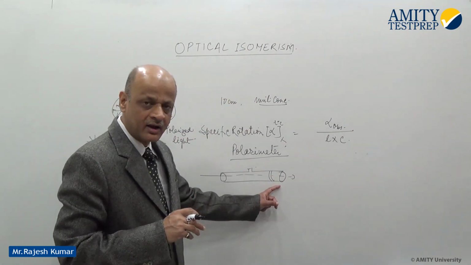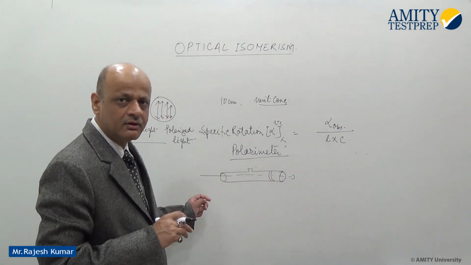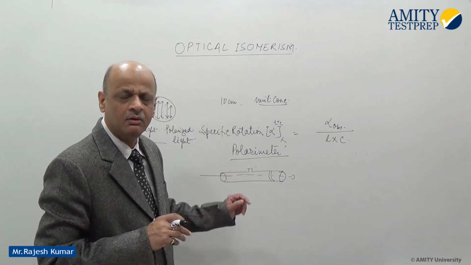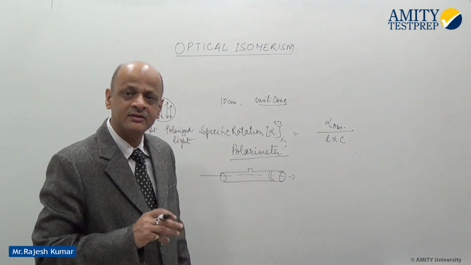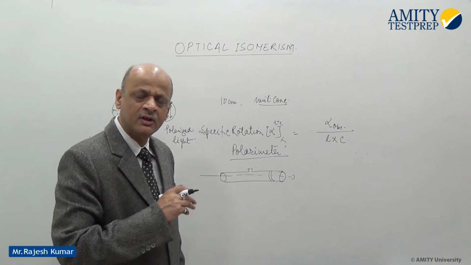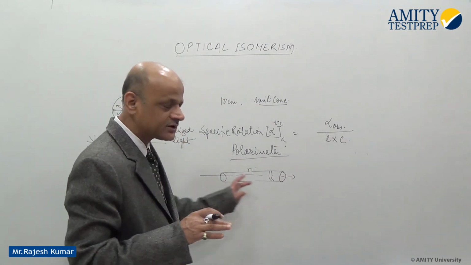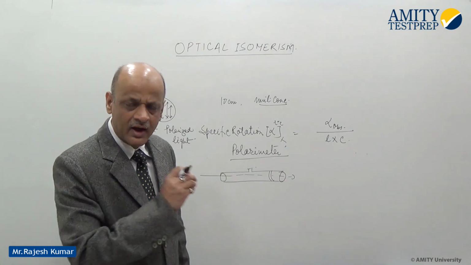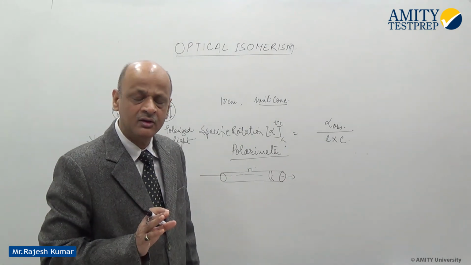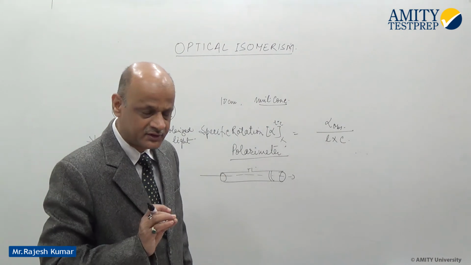This part is called the analyzer and this part is named the polarizer. The analyzer always analyzes the rotation. If no rotation is caused, 100% of the light strikes your eye, and the emitted light is equal in amount to the entered light.